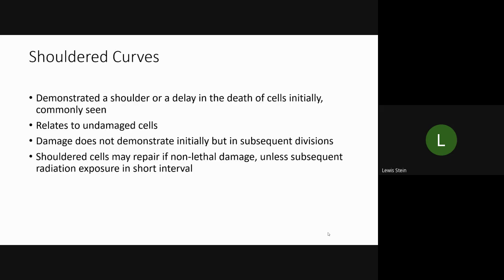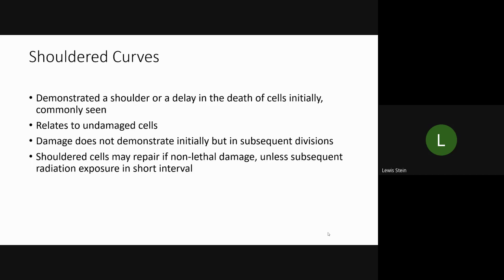Shouldered curves. This leads into what a shouldered curve is, because you have varying responses where some cells are affected but don't die. Some cells die right away, and some cells die comparatively slowly. So most of the curves demonstrating the tissue or cellular response to radiation have this so-called shoulder.